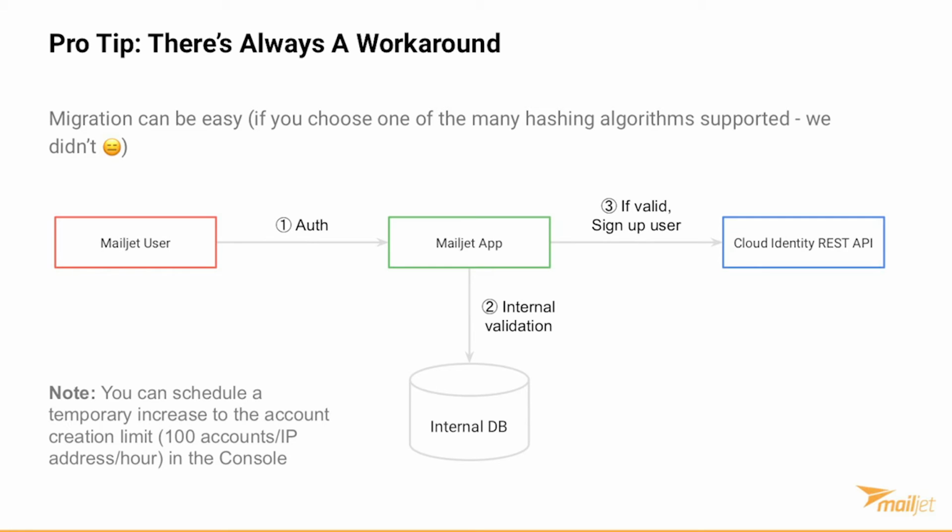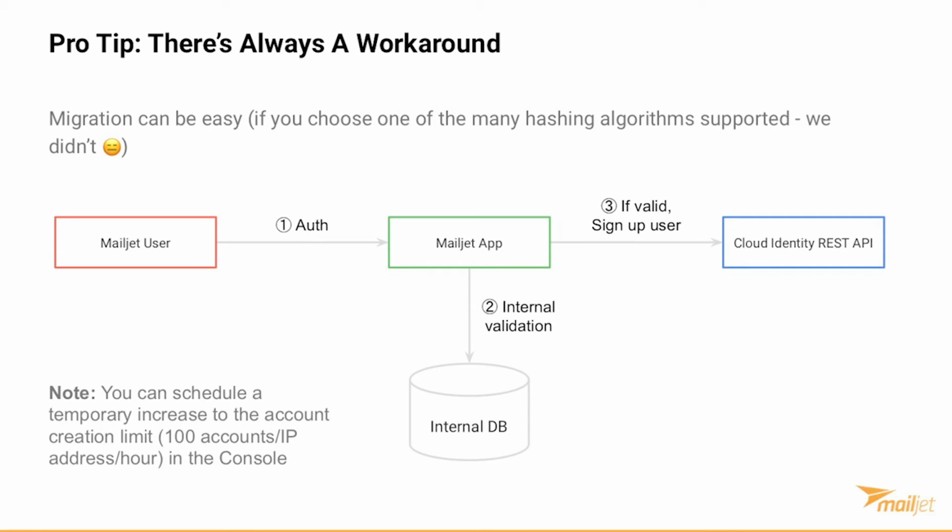And if the password is valid, we sign up the user to identity platform with this password. And when we have something like 80% of our database migrated like that, we'll be able to switch and tell the 20% that didn't log in during the migration phase that they will have to change their password.